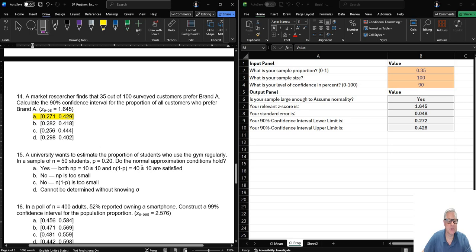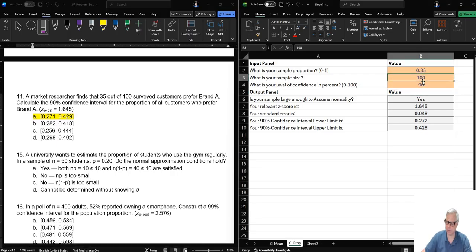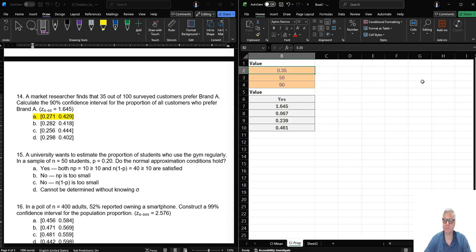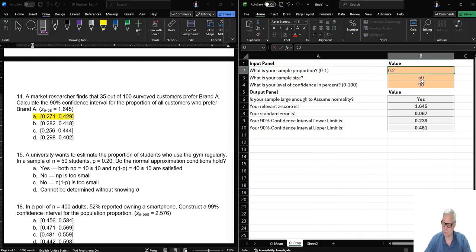A university wants to estimate the proportion of students who use the gym regularly in a sample of 50 students. Okay, so now we put here 50, and a success probability of 0.2. Does the normal approximation condition hold?